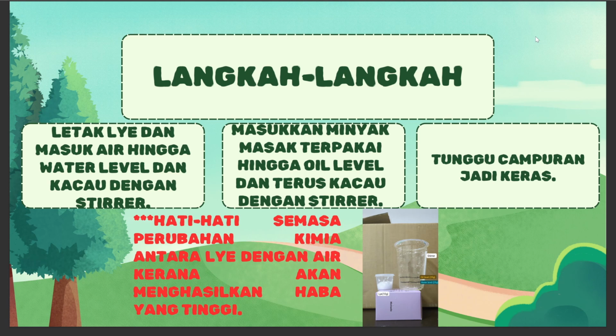So we have a container which already has the measurements on it. We can look at the photo: you have the oil level and the water level. So here is the explanation of how they should do it step by step, and how they can see the measurement with the container itself.